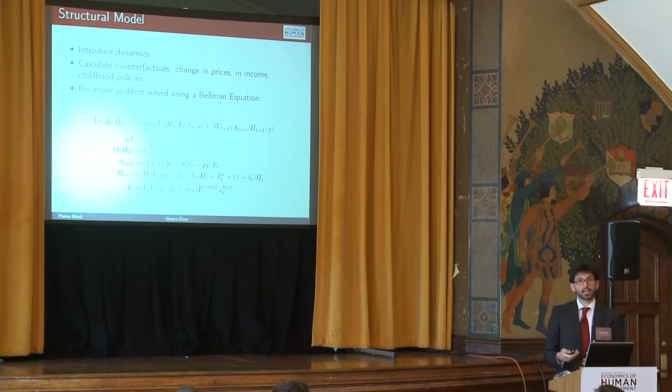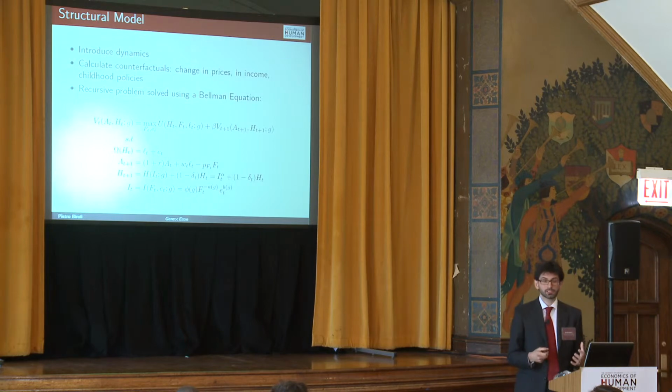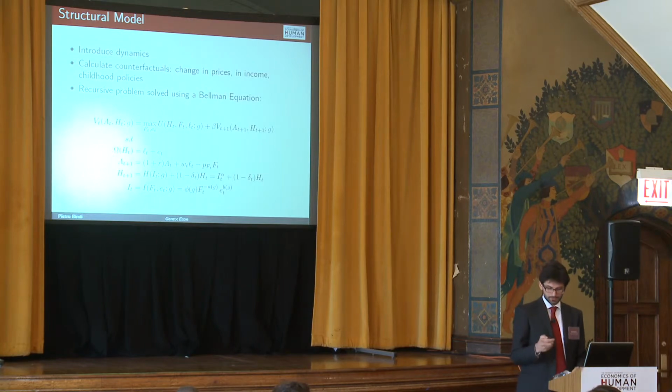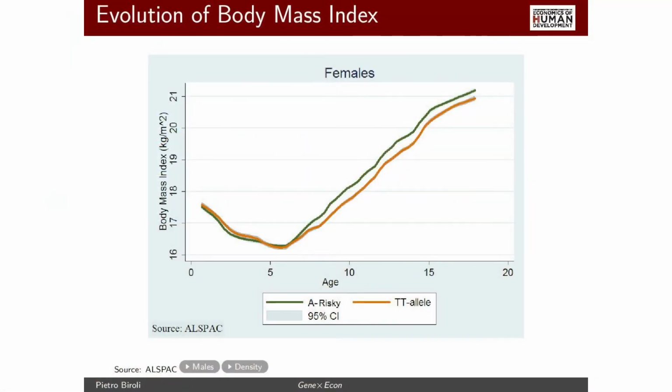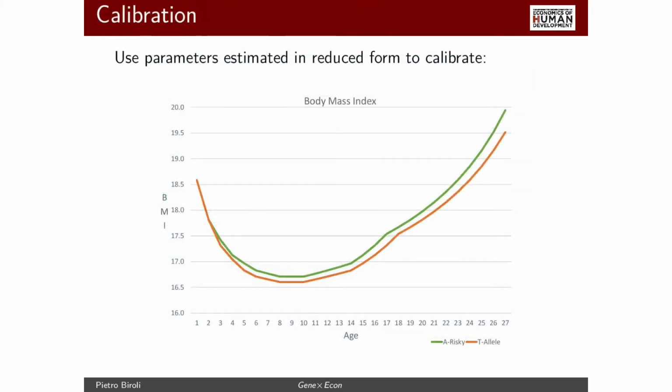This also will allow us to calculate counterfactuals and to consider the effect of particular policies that can change certain outcomes. So again, I'm going to show this graph, which is a show of the data. We will try to match this data by calibrating the parameters of the structural model. And I think we managed to fit the data pretty well.